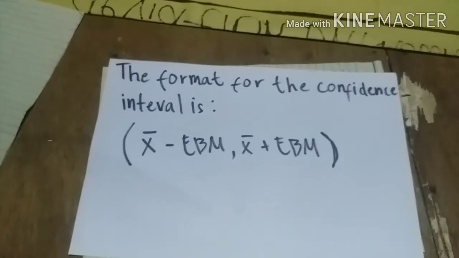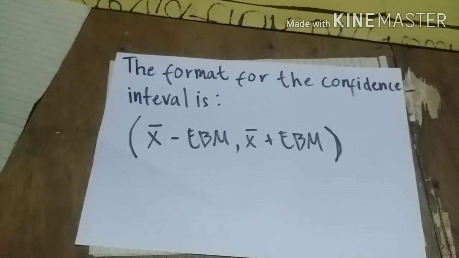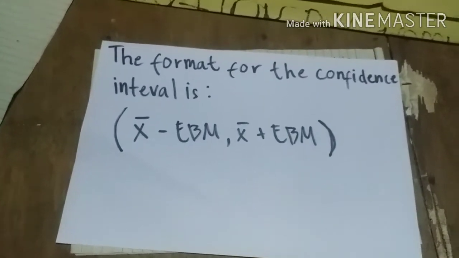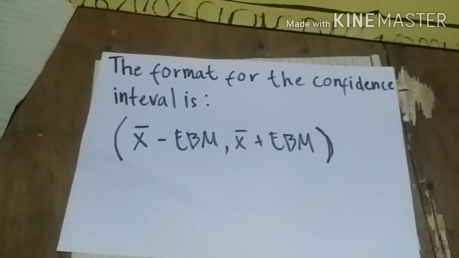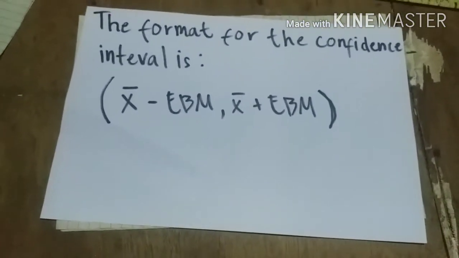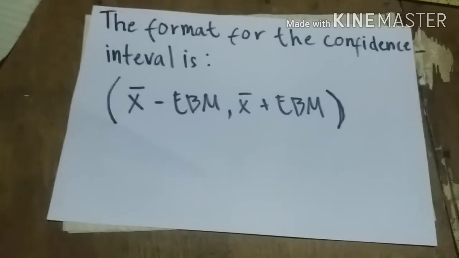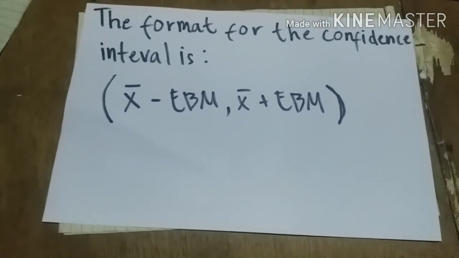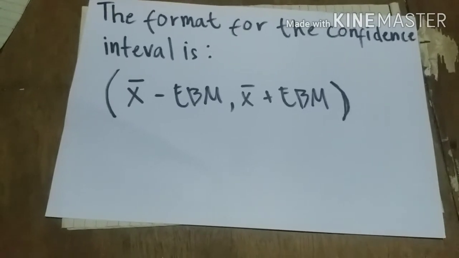Here is the format on how to get the confidence interval: X minus EBM or X plus EBM. So, kanina, yung EBM or error bound for population mean, pinakita ko kanina yung formula niya.